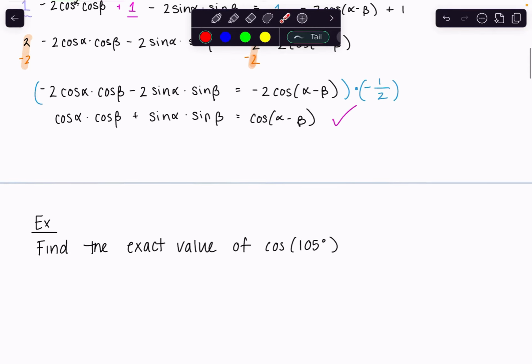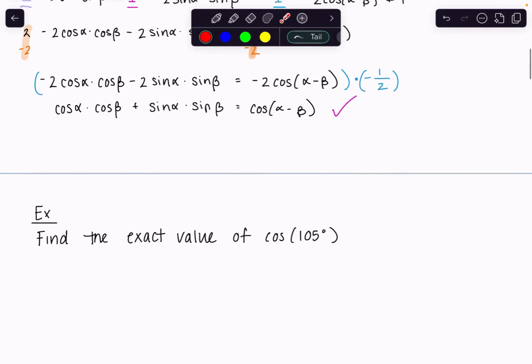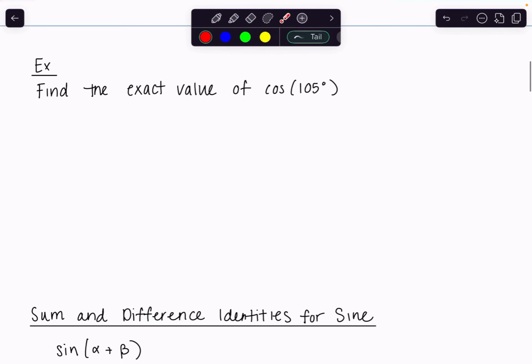So I'm going to go ahead and find the value of cosine of 105 degrees. So 105 is not a special angle. Really just 90 is, and then the next one after that is 120. So instead I need to see, can I break down 105 into 2 special angles?